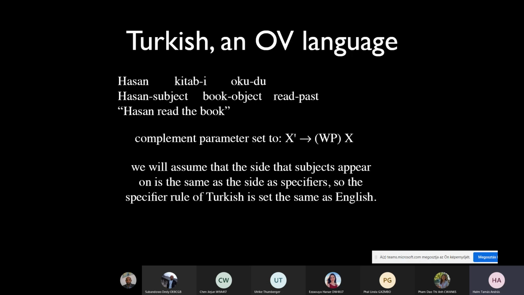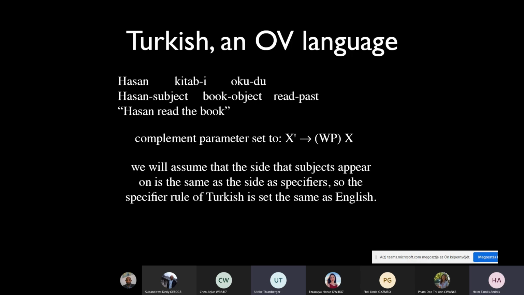Okay, what else? Maybe some of your mother tongues are OV actually. I'm not sure. I don't want to guess, but Ulrike?